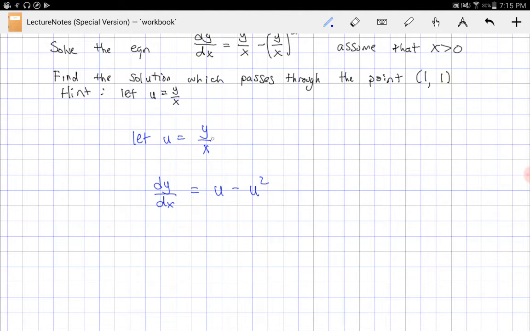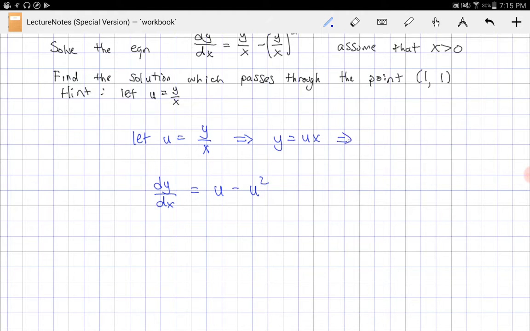So if we let u equal y over x, then what we're saying is let y equal u times x. And let's differentiate this whole equation by x.